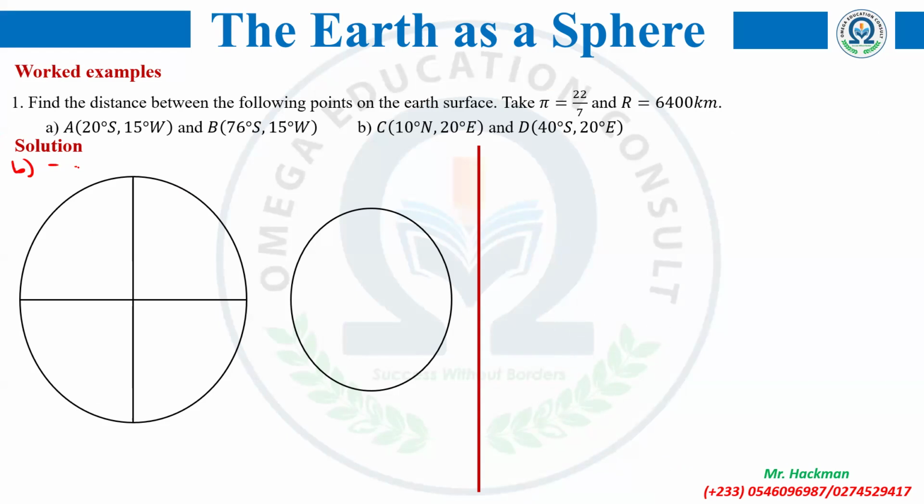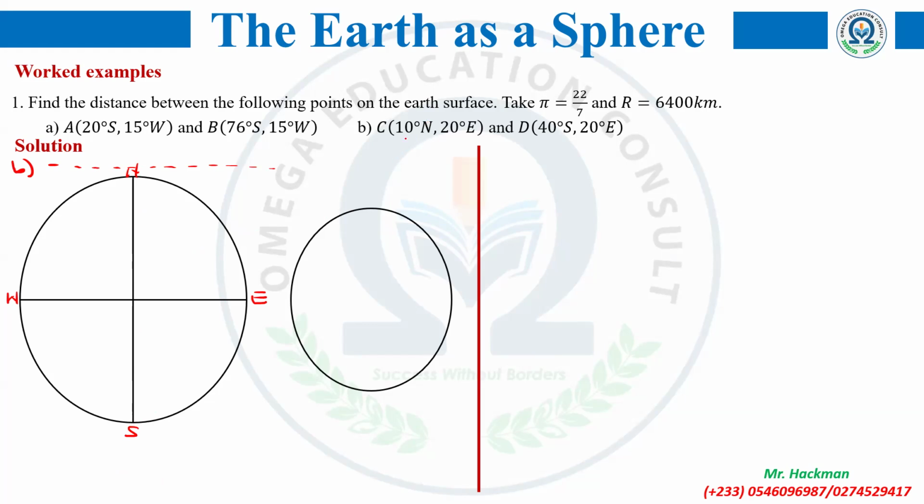Again, you extract your two points, the C and D. Then you come and draw. Remember, we have already drawn that one, so let's do that again. Don't forget to indicate your west, east, north and south. It will guide you in placing your latitude and longitude.